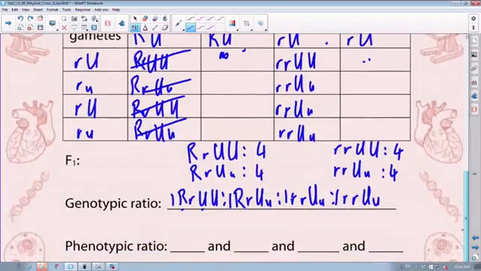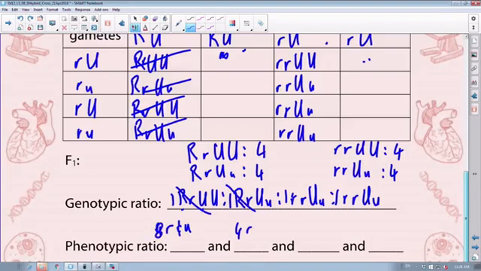Okay, so here we have a rolling tongue and U is your unattached, so it's a rolling tongue and unattached. How many of those? There's four, sorry, there's 1, 2, so there's 8 of them.